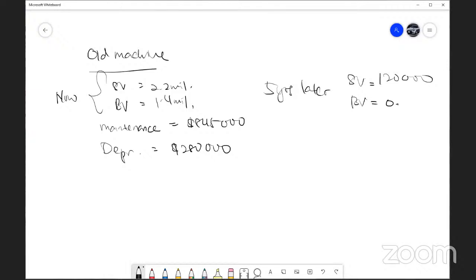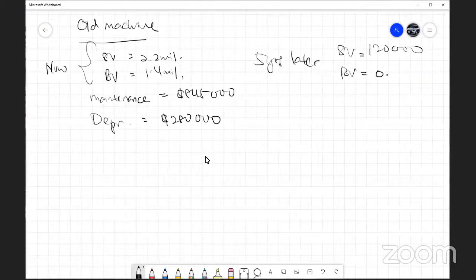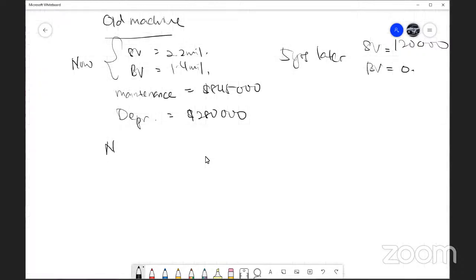So what about the new machine? This is the info about your new machine now. A replacement machine costs $4.3 million.